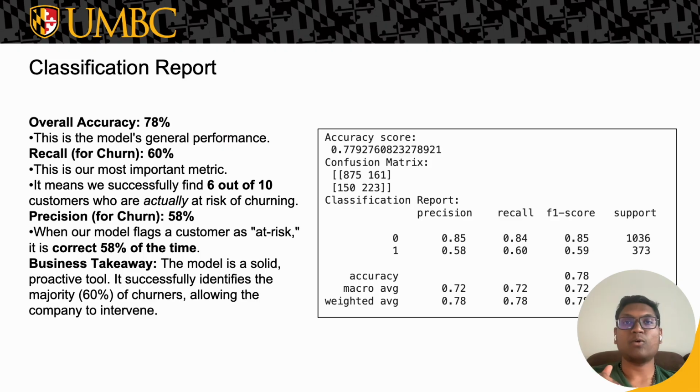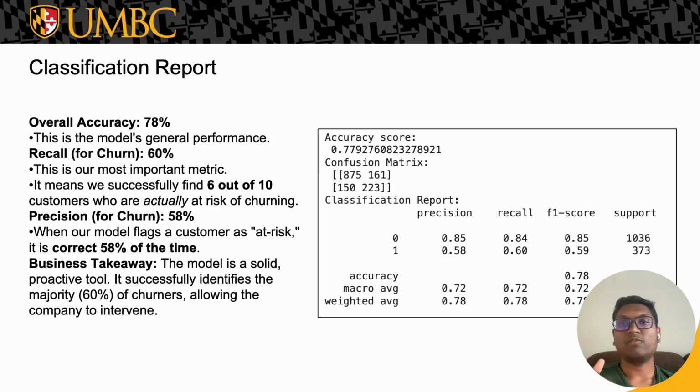This is the most important slide for evaluating our final tuned model on the unseen test data. First, the overall accuracy score is 0.78 or 78%. But for a churn problem, we care more about recall.